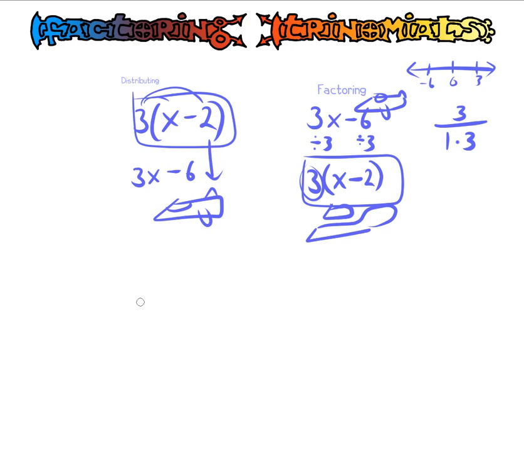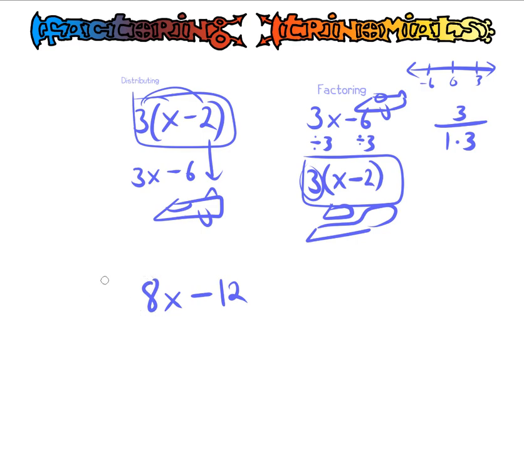Let's try one more thing of factoring just to make sure we understand it. Let's say we have 8x minus 12. If I want to factor that, I'm going to ask, what factors do I have of one of these?